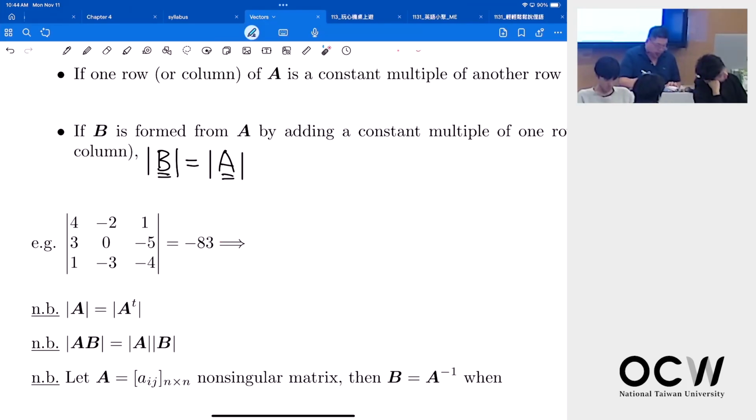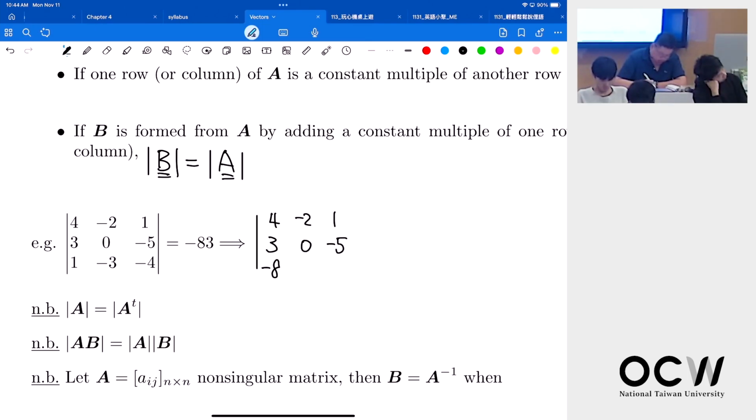If I have the second row times minus 3 and then add it to the third row, then the determinant should be the same. So 4 minus 2, 1, 3, 0, 5. And here I times minus 3 from the second row, then add it to the third row.